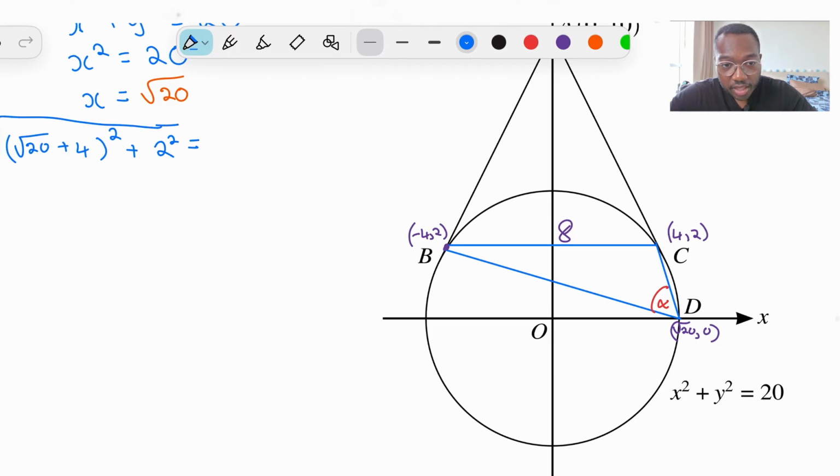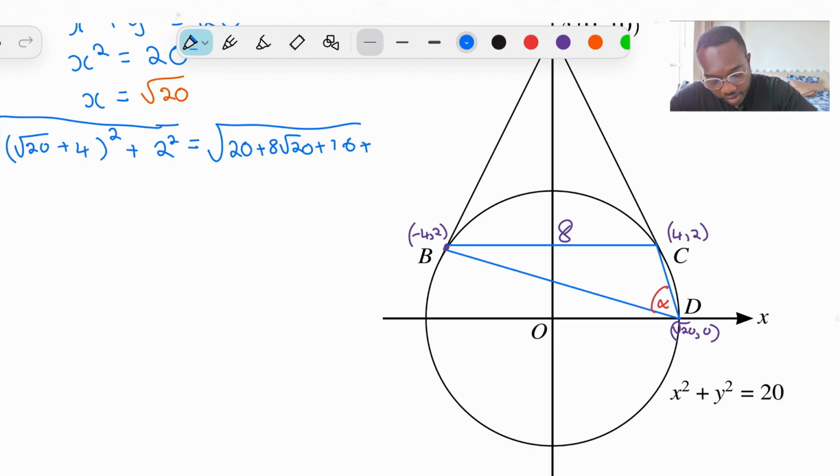And then actually, we can work this out and just simplify it down a bit just to make it easier for ourselves later. So if we do that now, what do we get? Well, we actually get root 20 all squared is just going to be 20. And then we would also get root 20 times 4 plus another root 20 times 4. So we get 8 root 20. And then we also get a plus 16 here as well, okay?